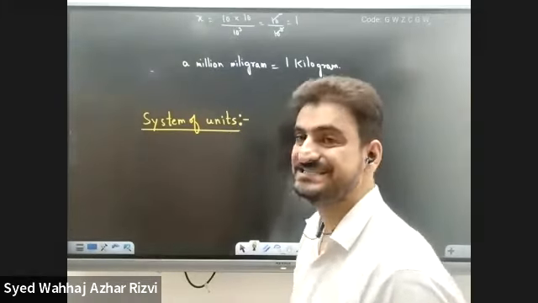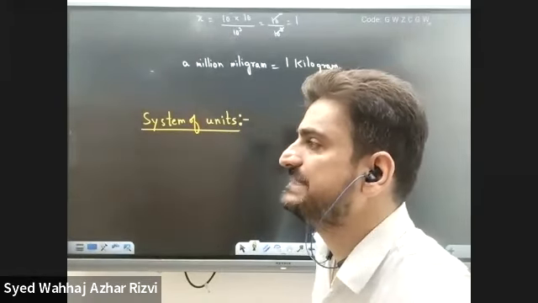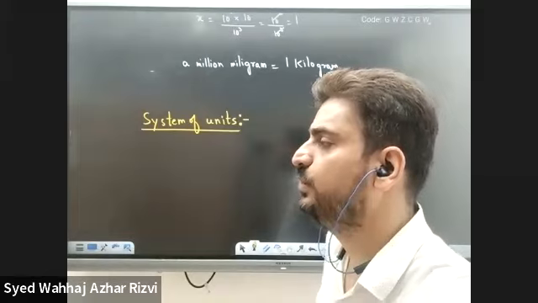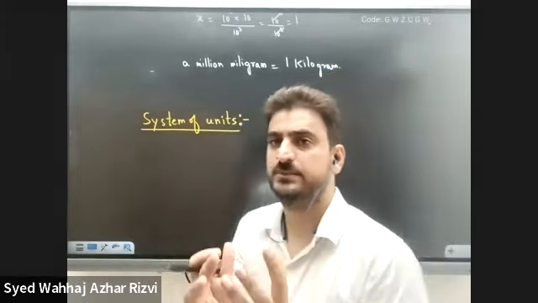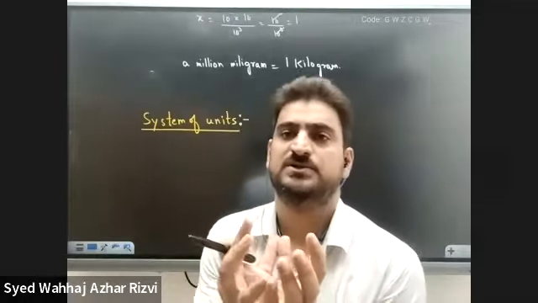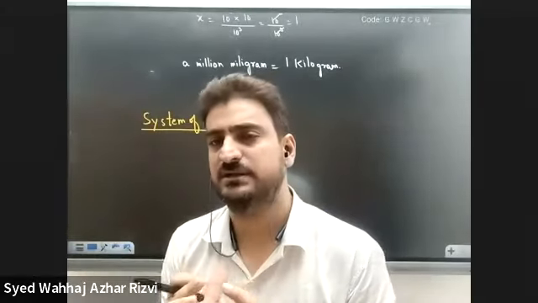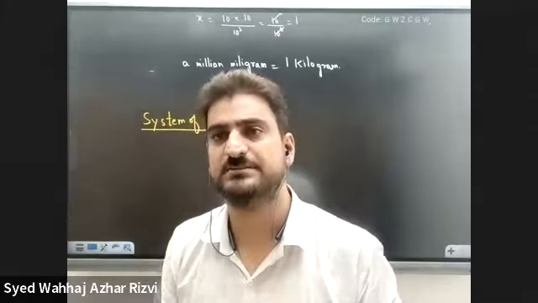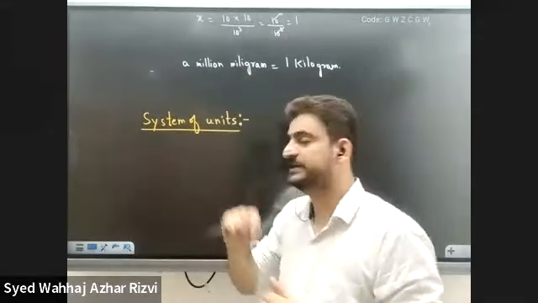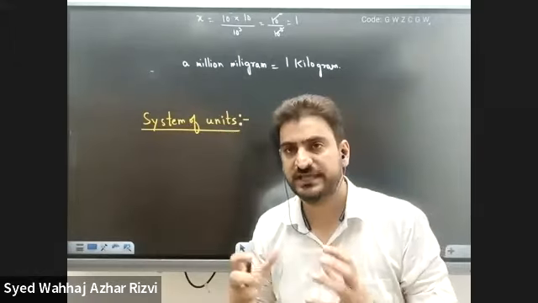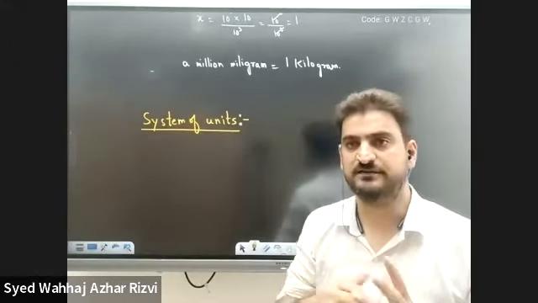What is a system? A system is basically an idea that gives you an understanding about many things which combine together to make a system. A system is not a single thing on its own. It is made up of certain things. So when I talk about system of units, we are talking about a few things that make up some stuff.